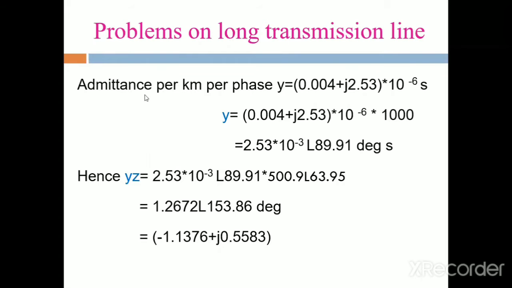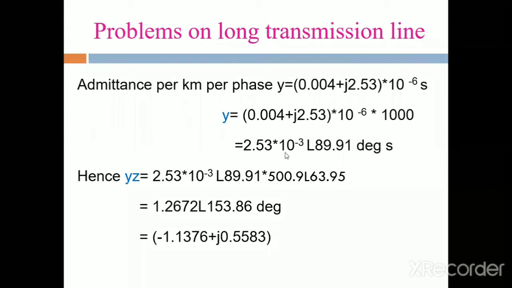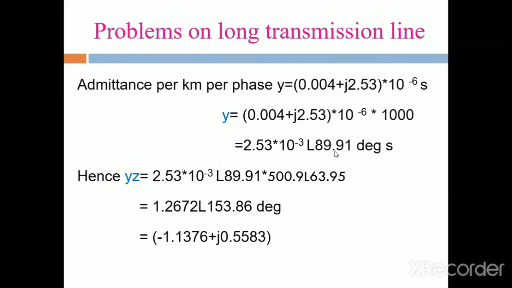First of all, we calculated the admittance per kilometer per phase, that's why we did not multiply by 1000. 1000 is the length, per kilometer means 1 kilometer equals 1000, that's why we multiplied by 1000. Then Y is equal to 2.53 into 10 power minus 3 at an angle of 89.91 degrees Siemens.